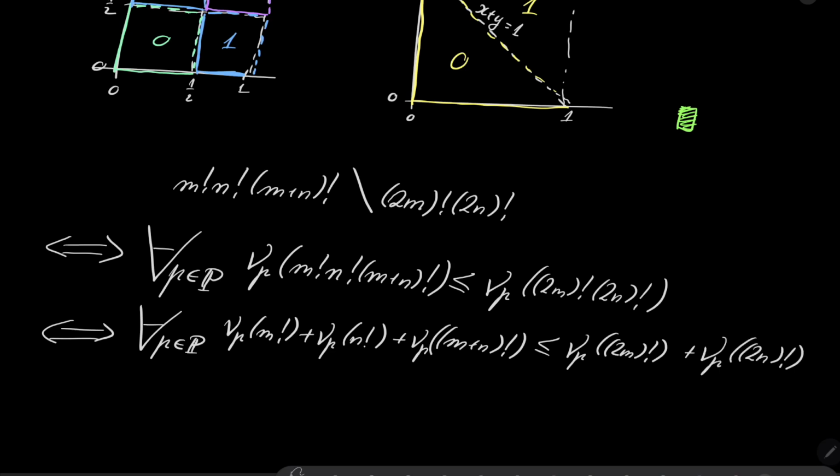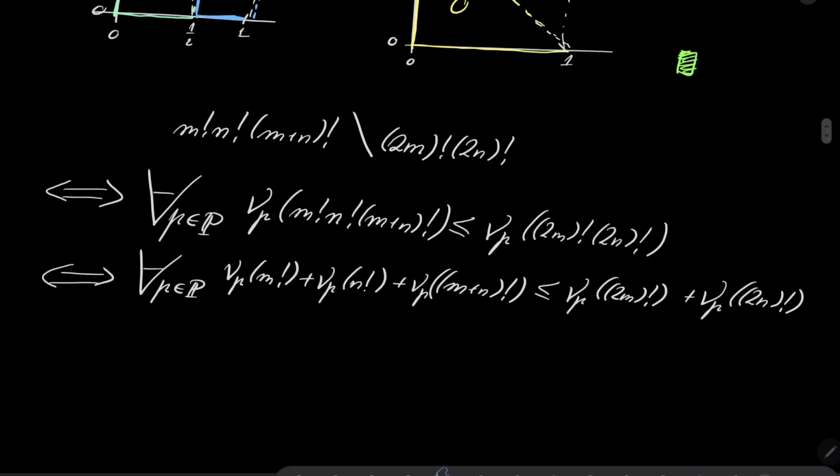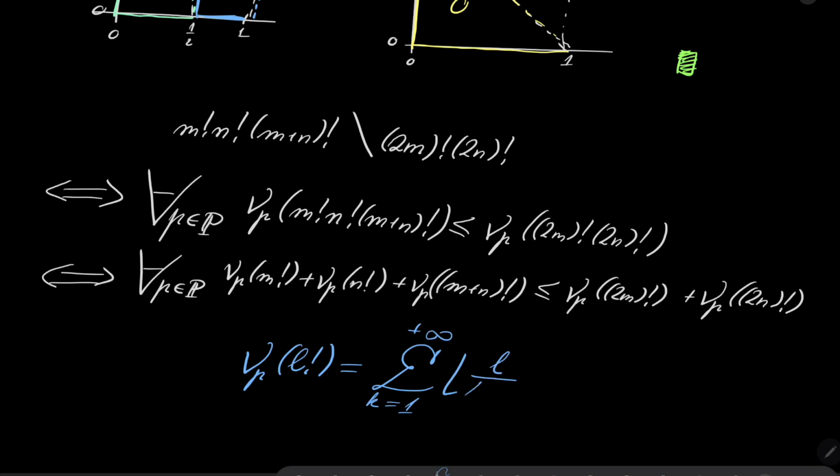All right, and now we will make use of a well-known fact, that the p-adic valuation of L factorial can be expressed as the following sum from k equals 1 to infinity of floor of L over p to the power of k.